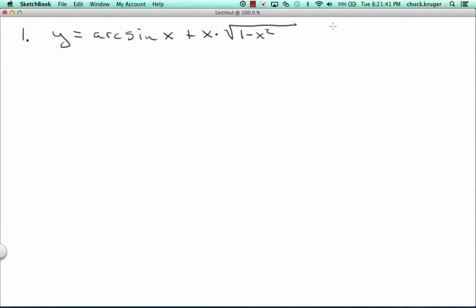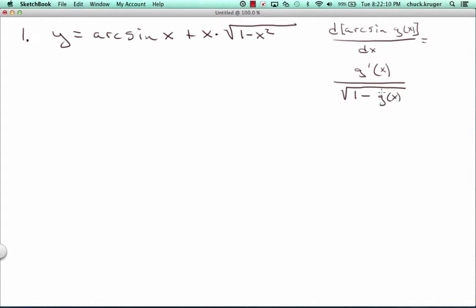Well, the arc sine, if you recall, the derivative of the arc sine of g of x dx was equal to g prime of x over the square root of 1 minus g of x squared.